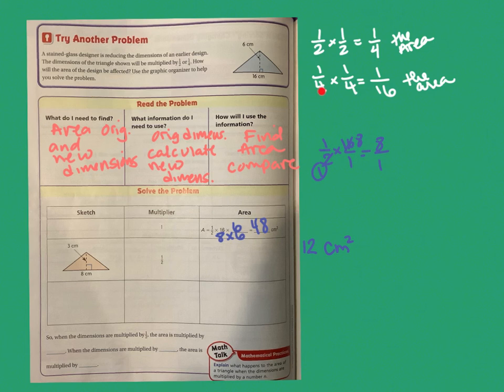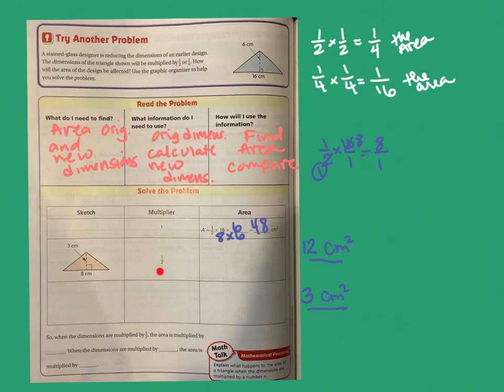If I cut each dimension into fourths, divide by 4, divide by 4, I should have 1/16 of the original. So 48 divided by 16 is going to be 3. Those are the areas I should get, we believe, right? So let's just stick that there for right now, and then let's go through and see what comes out of it.